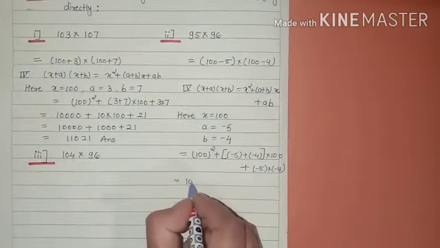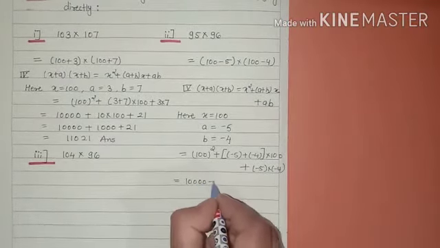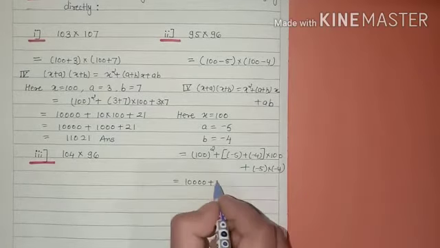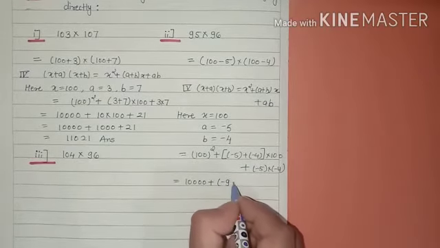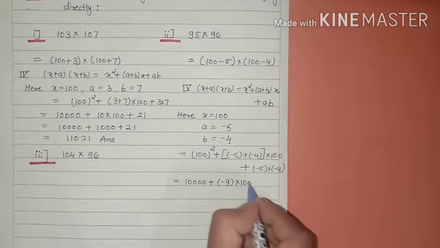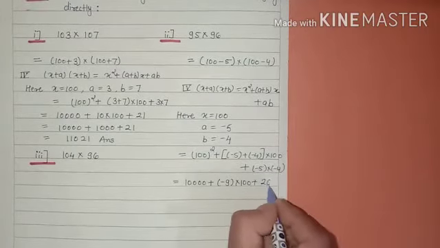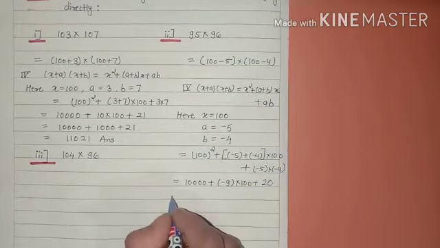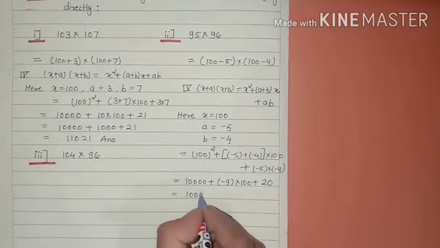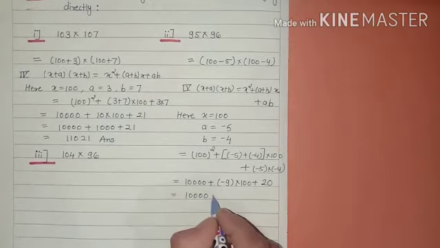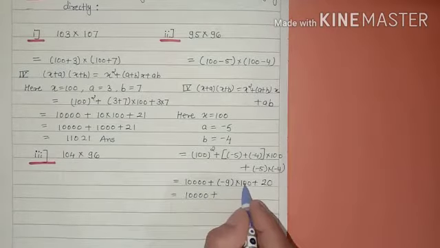Next step, 100 square, it means 10,000, minus plus, you will get minus 9 into 100, plus minus minus plus, 5 fours are 20. Next step, 10,000. Now you have to multiply minus 9 by 100.